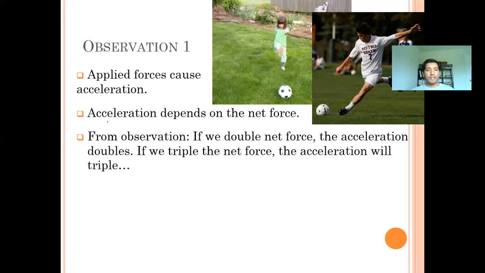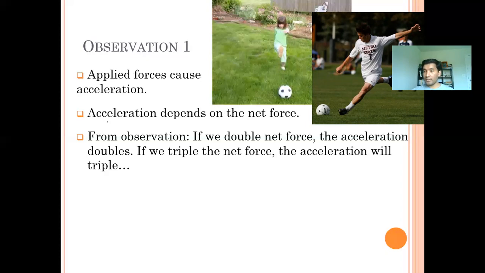Okay, look at here. From observation, what do you get? Suppose you double the force, what happens to acceleration? Does it double, or become half of the previous one, or become four times what we had before? You can observe. By observation, what we will observe is if you double the net force, the acceleration will double.